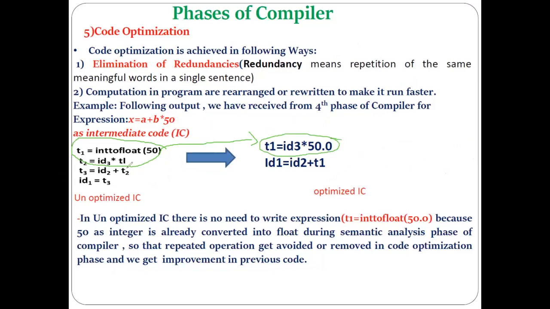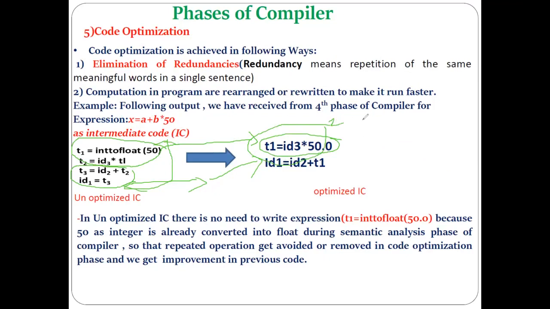Understood? And for these two instructions we can write only the single instruction id1 equal to id2 plus t1, and its meaning is the same as these two instructions. Understood? So we have converted these four intermediate code instructions into two instructions only.